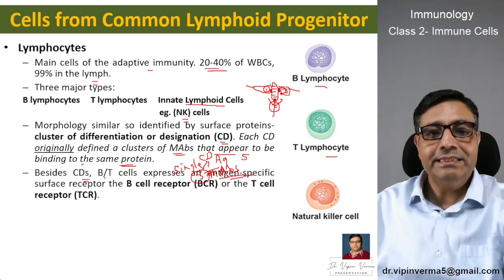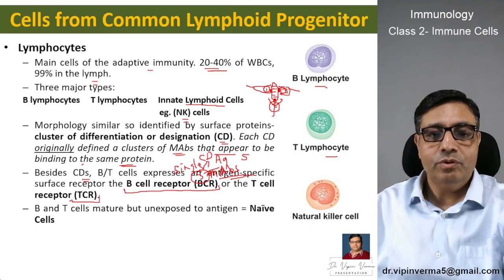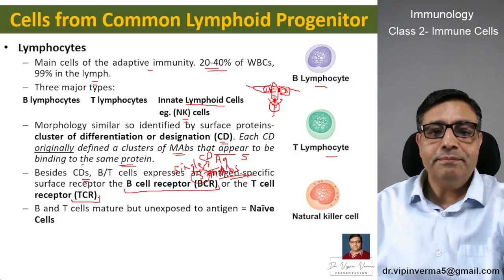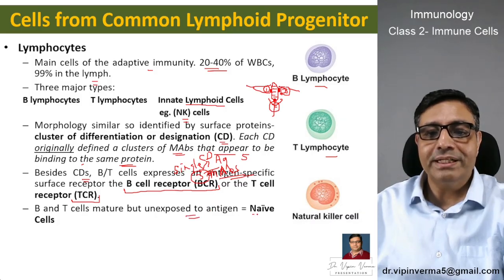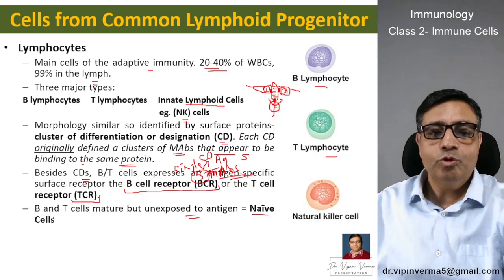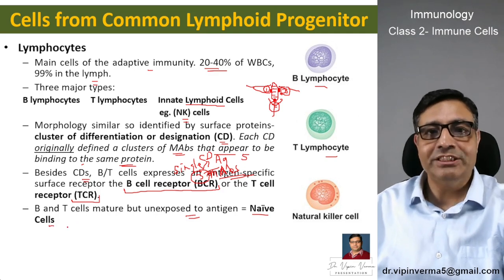Besides these CDs, B and T cells express an antigen-specific surface receptor. On B cells, we have the B cell receptor, and on T cells, we have the T cell receptors, apart from the CDs. B and T cells that are mature but unexposed to antigen are known as naive cells. So whenever we say naive B cells or naive T cells, you should know that these cells have not been exposed to any antigen yet.